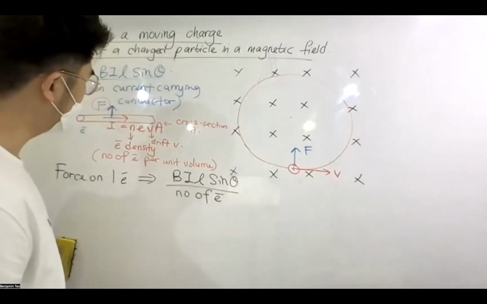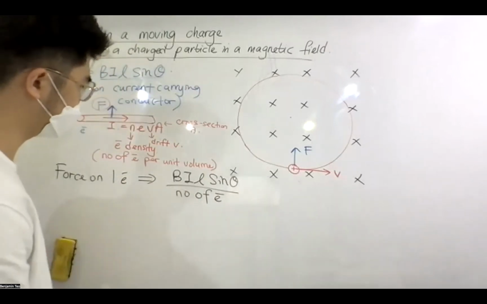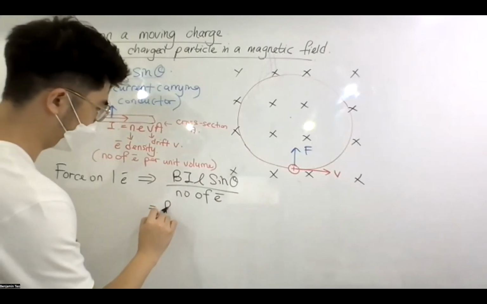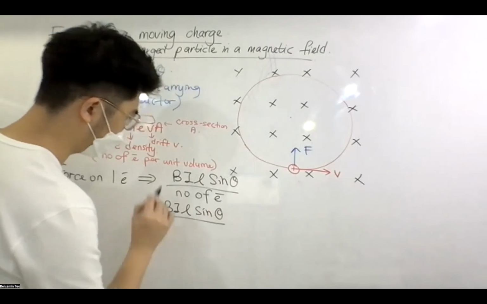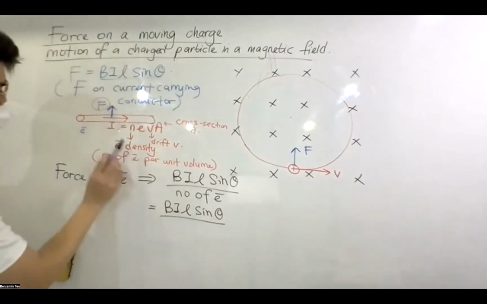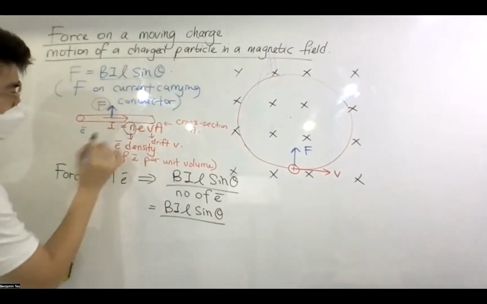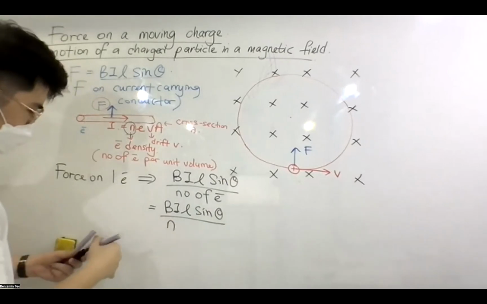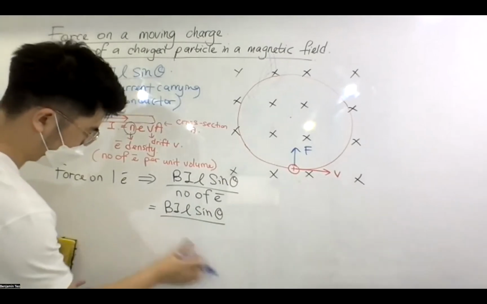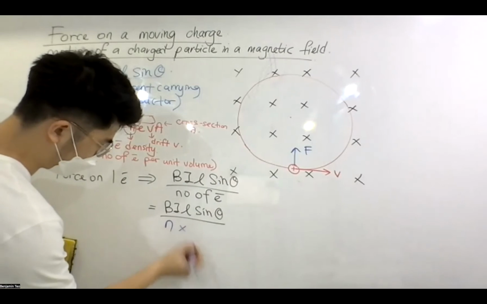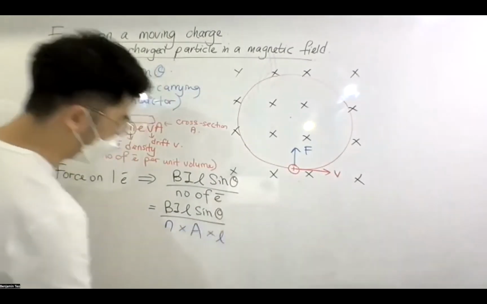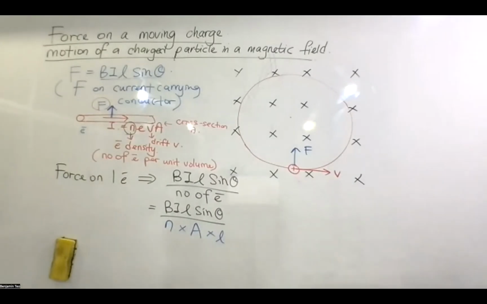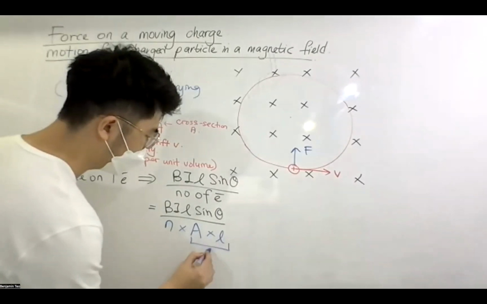The number of electrons can be expressed by electron density times area and times length. You see, what is this? Volume.